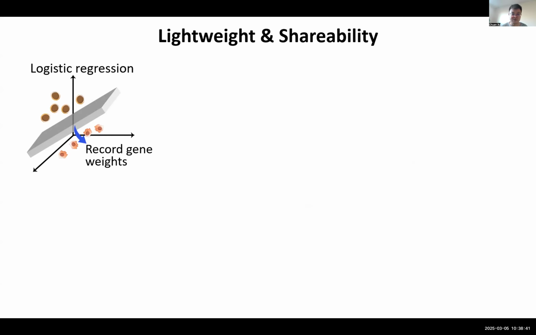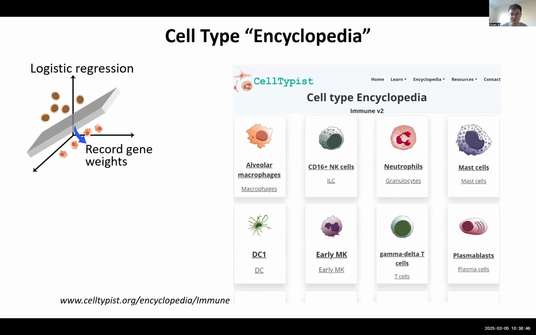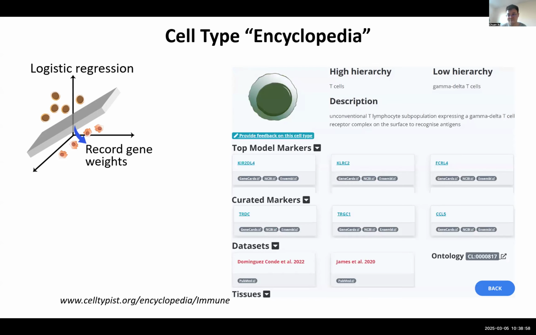A byproduct of this process is that we can leverage the gene weights to derive the so-called CellTypist cell type encyclopedia. Within this encyclopedia, we enumerate all cell types, and for each cell type, we have detailed information such as cell type description, its origin, as well as marker genes derived from the gene weights mentioned above, meaning that you can retrieve different kinds of information all relating to a single cell type.